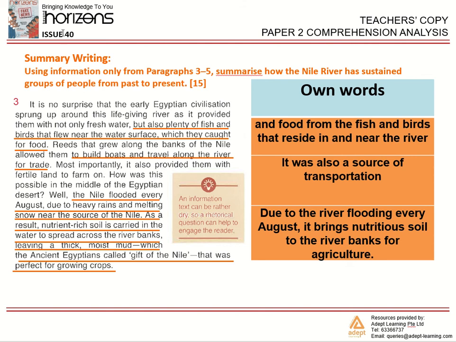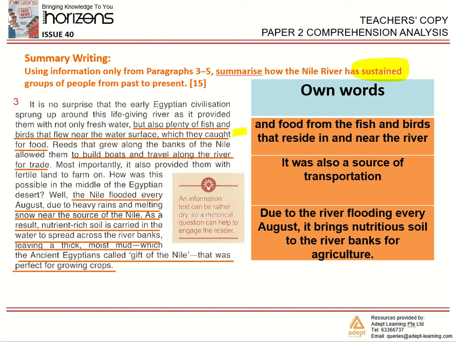It is no surprise that the early Egyptian civilization sprung up around this fresh, life-giving river, as it provided them with not only fresh water, but also plenty of fish and birds that flew near the water surface, which they caught for food. So how has it sustained? This one is linked to this. Sustained by providing food from the fish and birds that reside in and near the river.